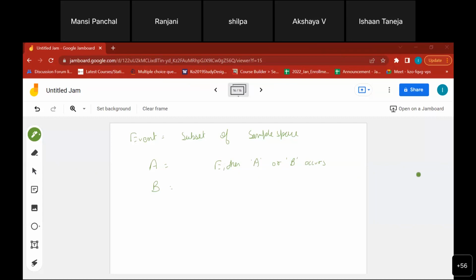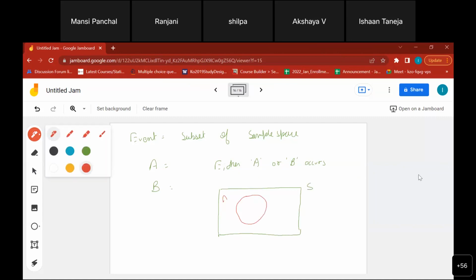Do you know what a Venn diagram is? Suppose this is my Venn diagram. This is my complete sample space. This is my event A in here, and this is my event B in here. So either A or B occurs. It means if any of it occurs, either A or B occurs, right?